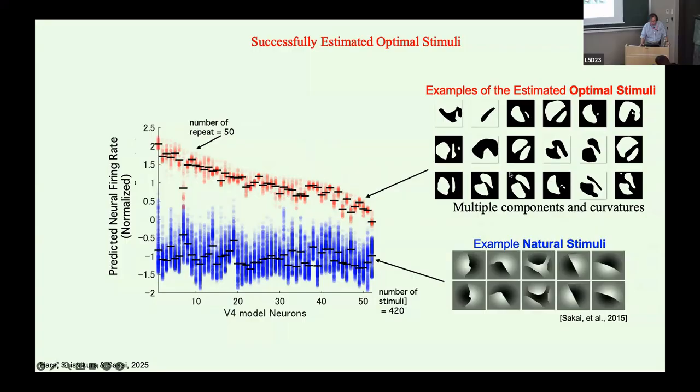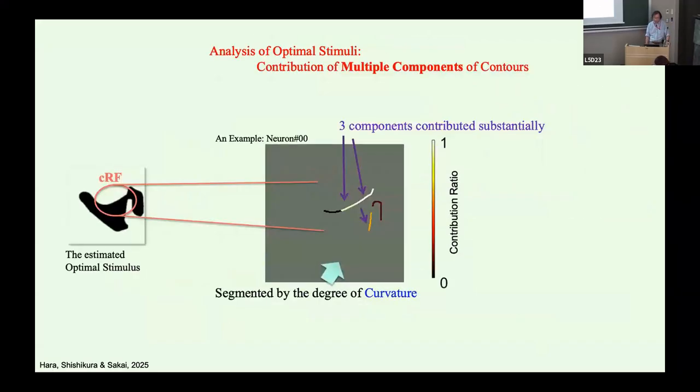The first thing we noticed was that the optimal stimuli consist of multiple components, specifically multiple coverages, which is evident when comparing them with the natural images. So we examine whether these neurons code multiple components and coverages. And this shows the contribution of the components to the neural responses.